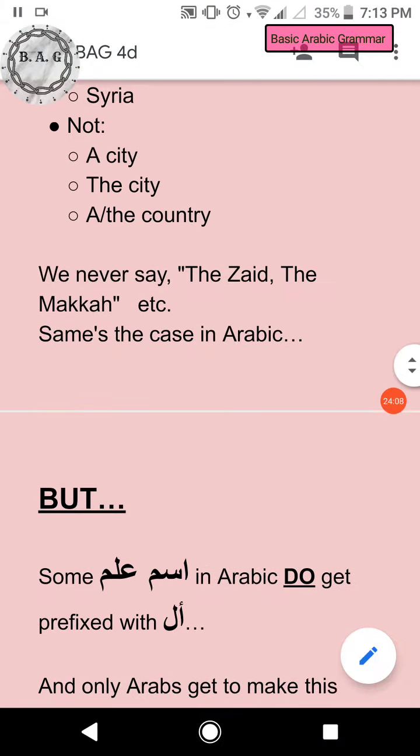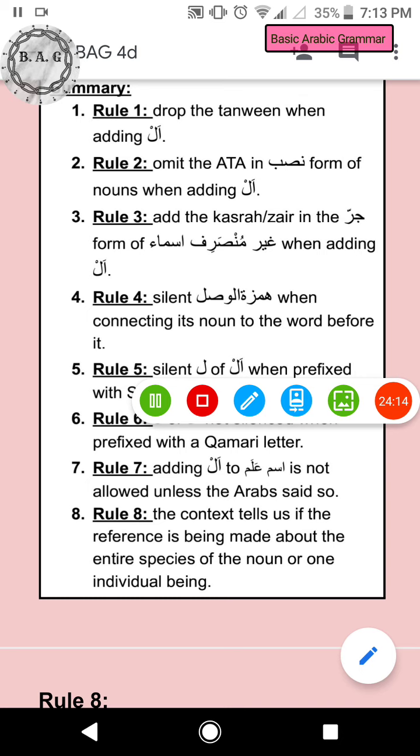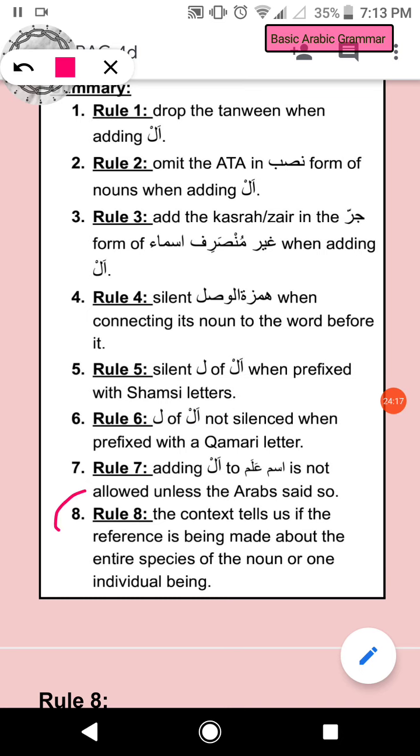Now let's just get to the list again. So there were 3 rules related to this al that we hadn't studied. So rule number 8, which was about the context, that tells us if the reference is being made about the entire species of the noun or the individual being. So we have done that. So if al-baqarah is written, or al-waladu, then we have to look at the context, whether it is referring to all the boys in general, or to one special boy. Similarly we have rule number 7, which was that adding al to the ism is not allowed unless the Arabs said so.